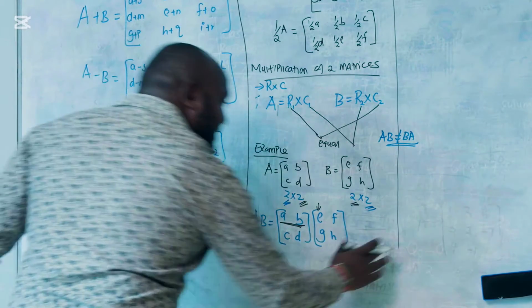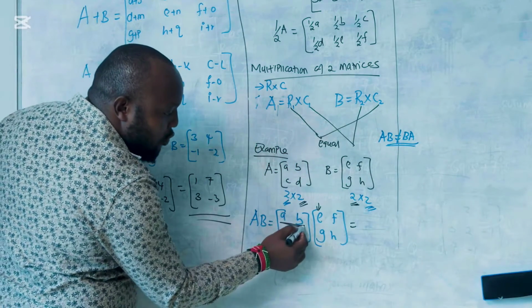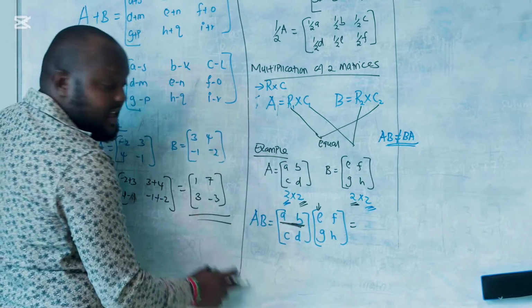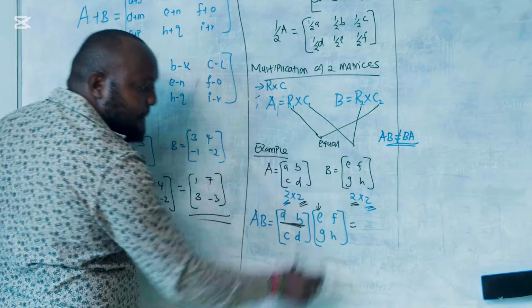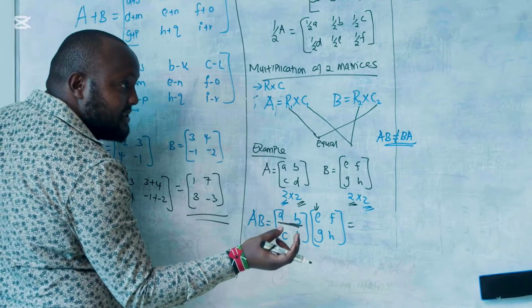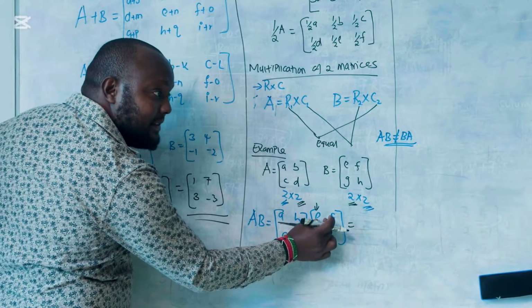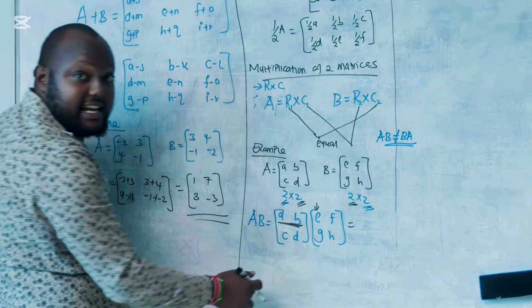What do I mean? In this case, I'll take this row, AB, and multiply with this column, EF. The reason why we say it must be equal is that the first element will multiply the first element, the second will multiply the second element.